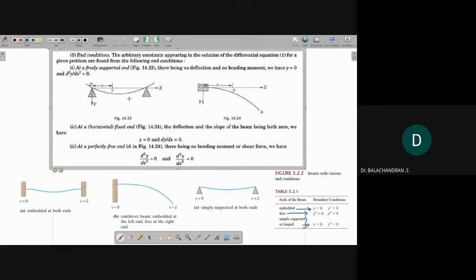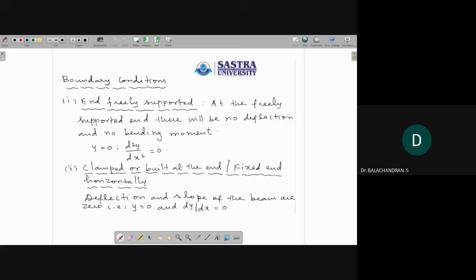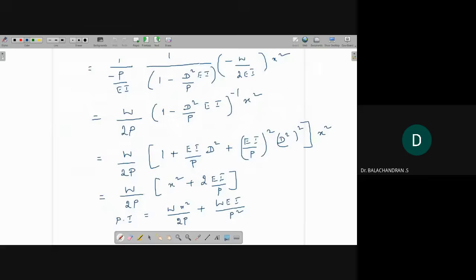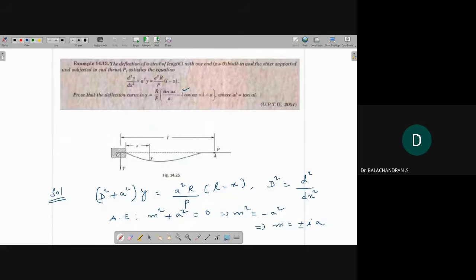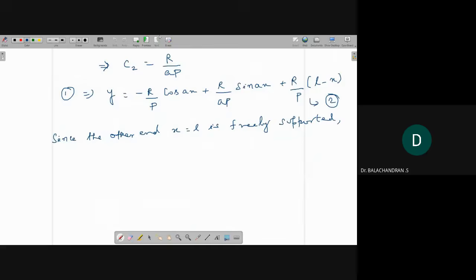Freely supported is also the same as simply supported. So for simply supported, what is the condition? y equal to 0 and y double dash equal to 0. Thank you. Even if the answer is wrong, it doesn't matter, at least you replied something.